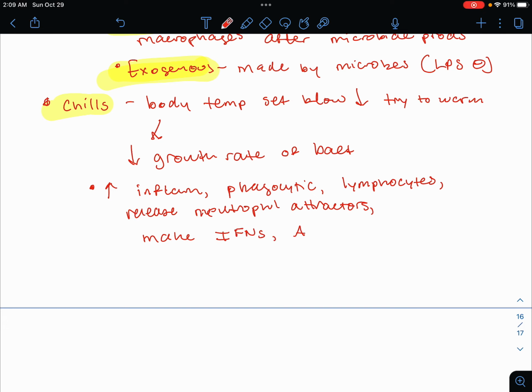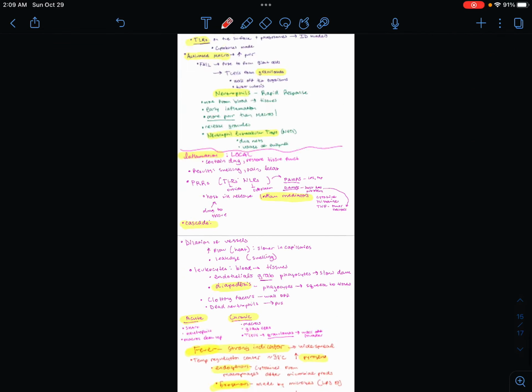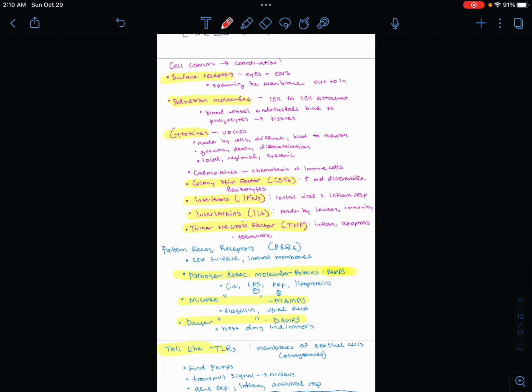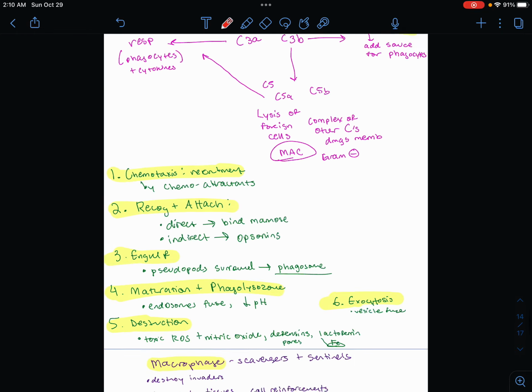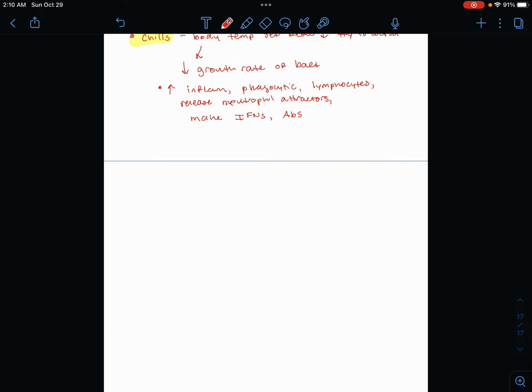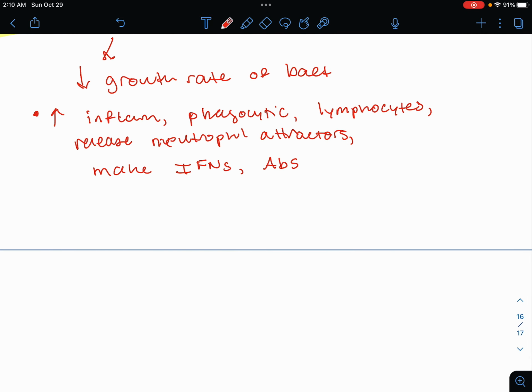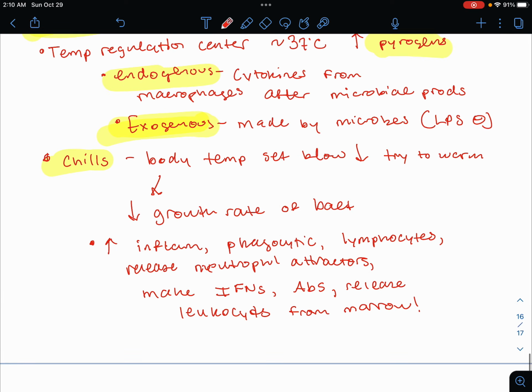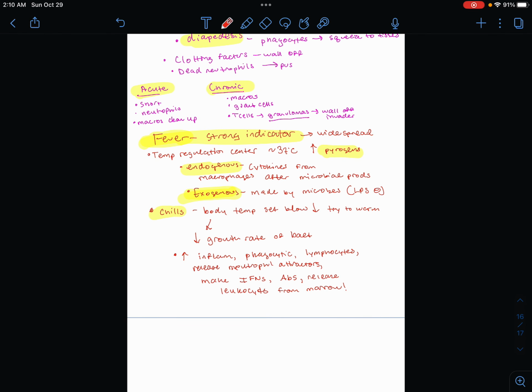We're also going to make antibodies. Interferons, if we go all the way back here, they're going to control viral inflammatory response. They're a type of cytokine. And we're going to also release leukocytes from the marrow. So all those are effects of the fever, which is, again, widespread. It's not localized like inflammation.